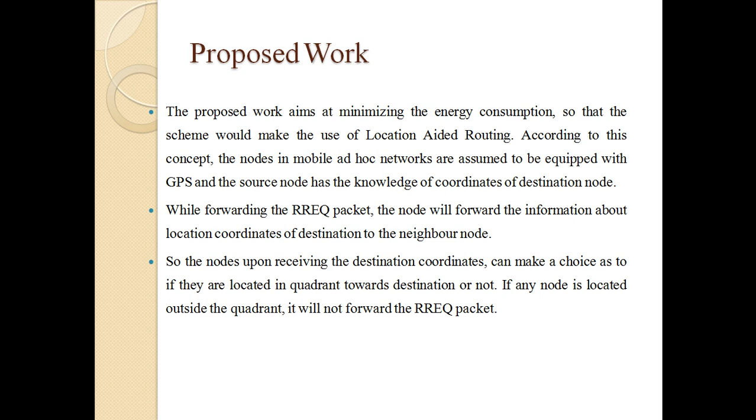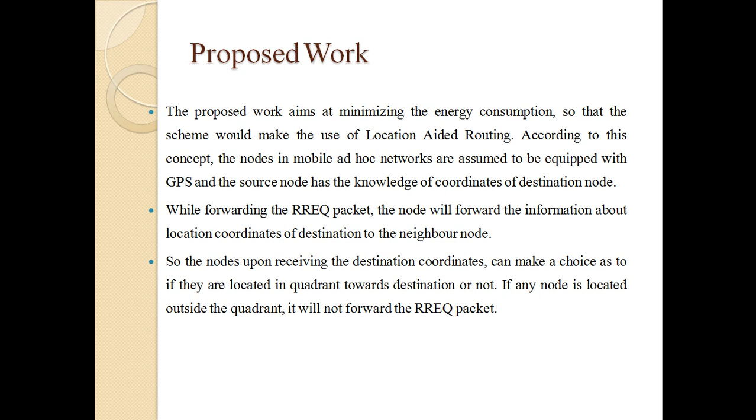For that, the scheme makes use of location aided routing. For this location aided routing, the assumption is that each and every node in the mobile ad hoc network is equipped with GPS, and the source node has knowledge of the coordinates of the destination node.